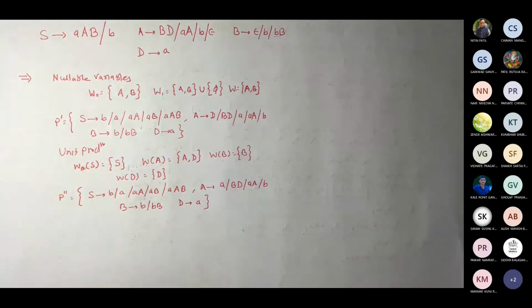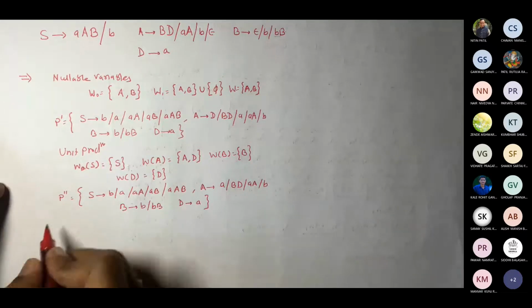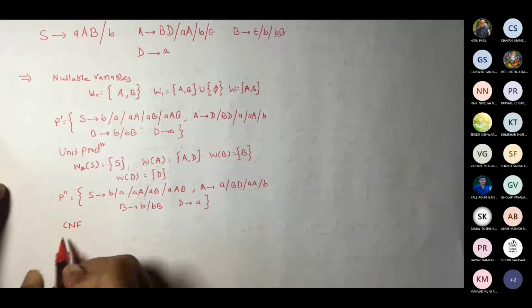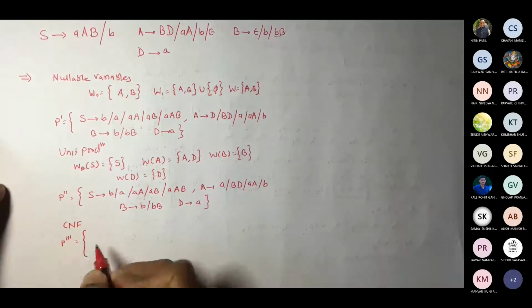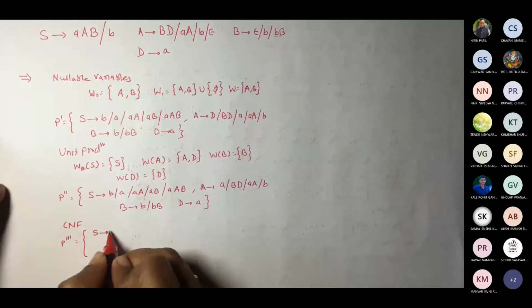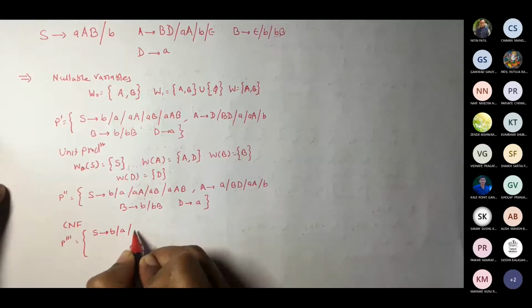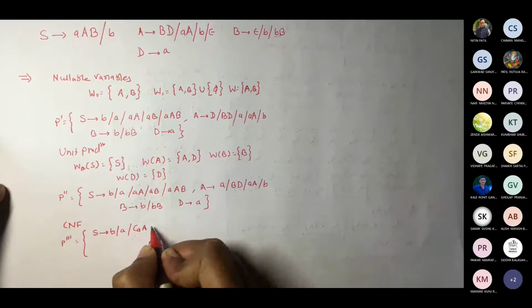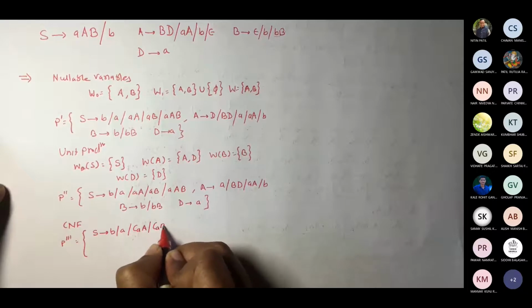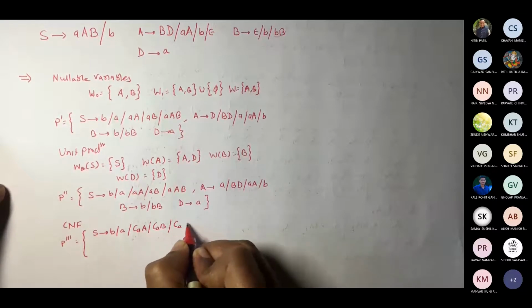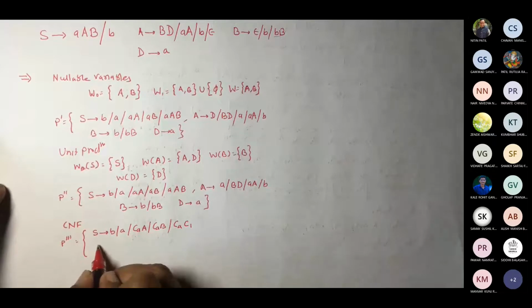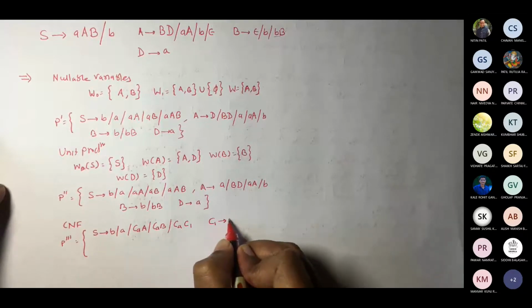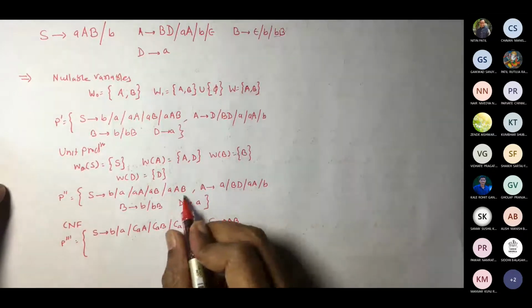Now we have to write this into CNF. So convert this to CNF. So you get P triple dash. So I will directly write it. S gives B, S gives A, S gives CAA, CAB, CAC1. C1 gives AB.